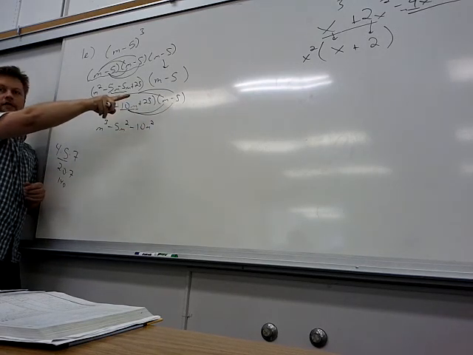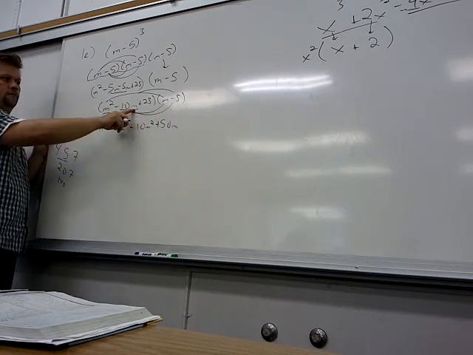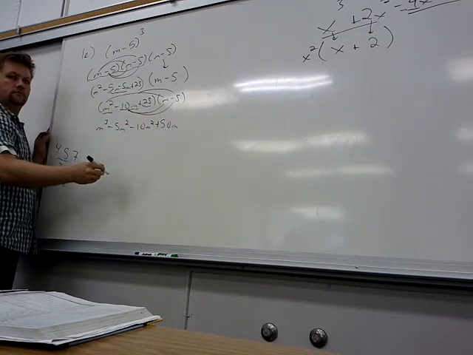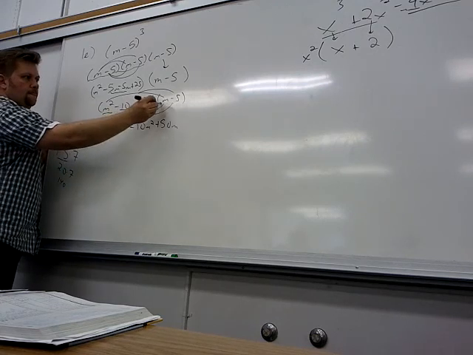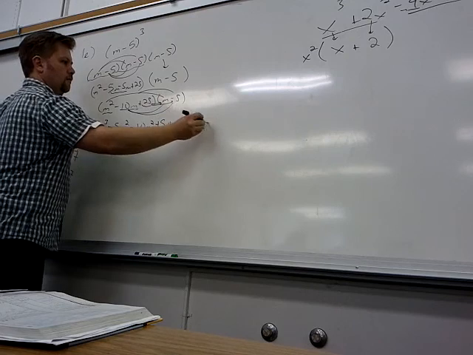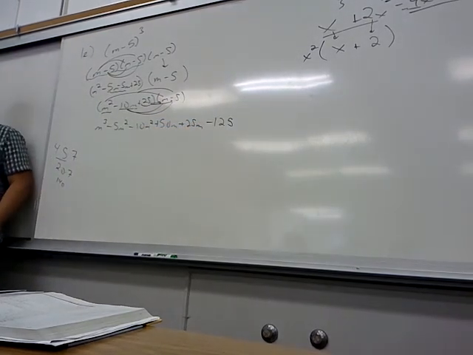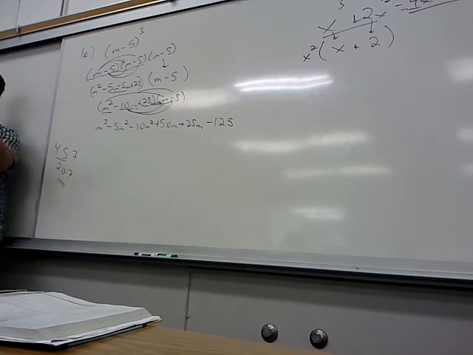Negative 10 times negative 5 is 50. 50m. And now he gets his turn. 25m. I love it. Okay. And now you just got to get your like terms together.